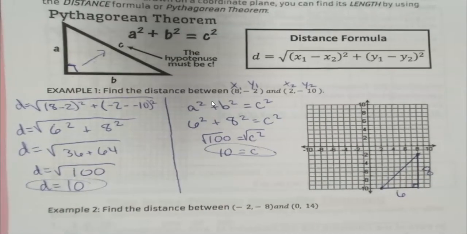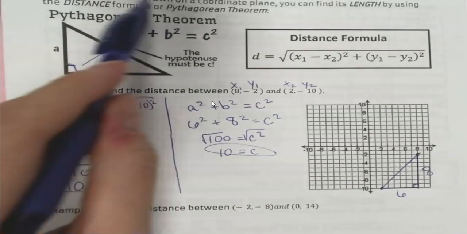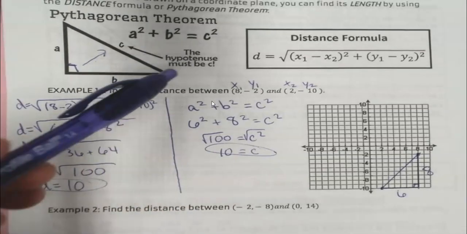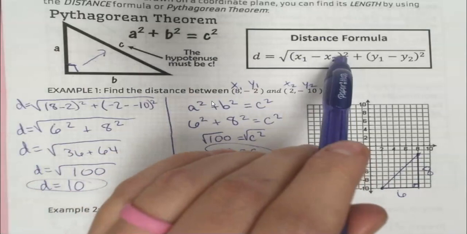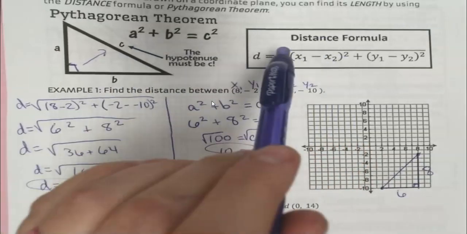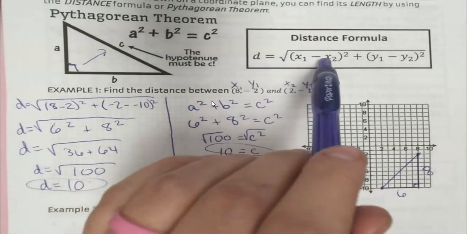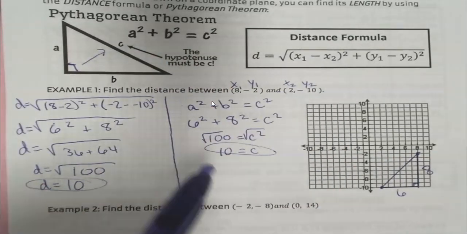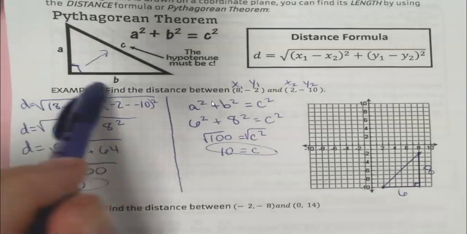But let's just talk about the similarities between Pythagorean theorem and distance formula. Distance formula was actually derived from the Pythagorean theorem. This was thought up first by Pythagoras. And then later on, the distance formula is really just taking the Pythagorean theorem and condensing it and using it to solve for points instead of triangle lengths.